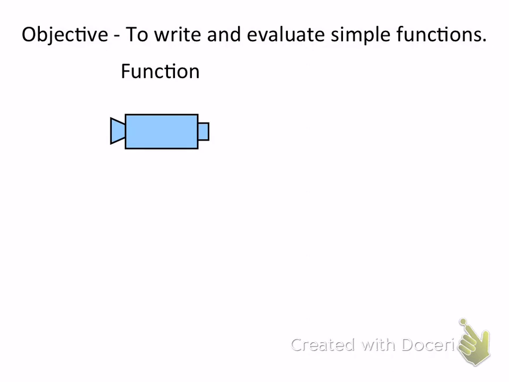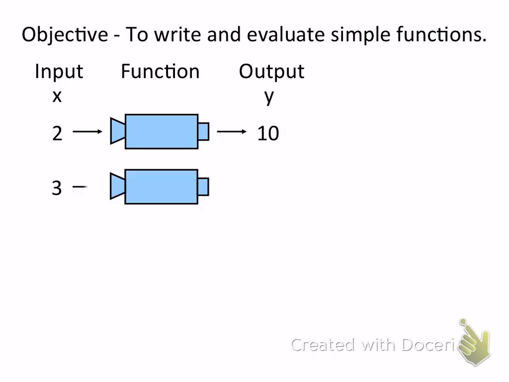So this is what we call a function machine. In a function machine, you are taking numbers and you're inputting them into the machine, and out comes something else. We plug something in, something else comes out.